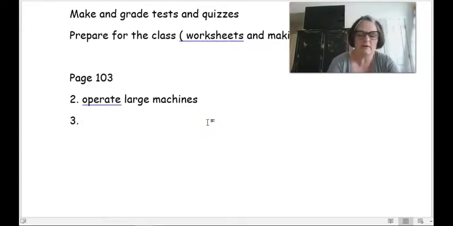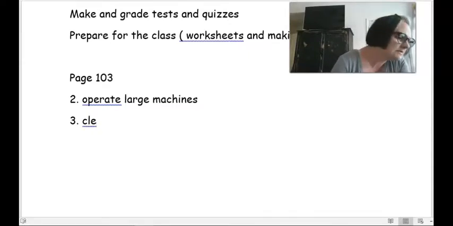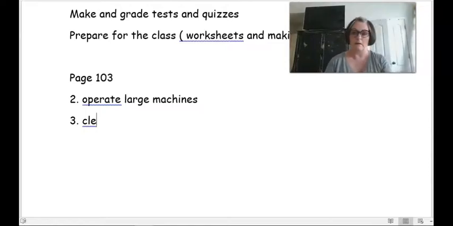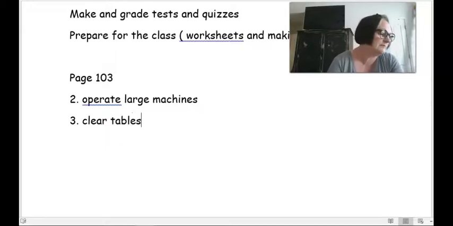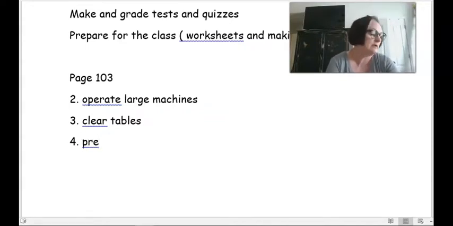Okay, and number 3, they're clearing the tables. He's got what looks like some kind of a black bin where he puts the dishes after he clears the tables. Number 4, we see somebody cooking, so they're preparing food.